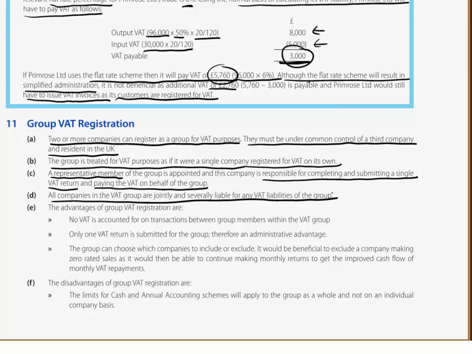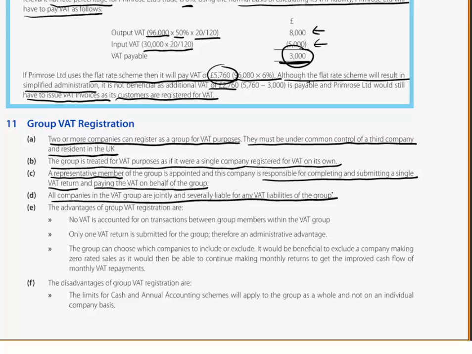You can't therefore put all your companies in your group into a group VAT registration, pick a small one in terms of being the representative member, build up huge VAT debts within that particular company, and then bankrupt it and liquidate it, say, oh, sorry, got no money. HMRC can simply, therefore, turn our attention to the other members of the group VAT registration and go chase any and all of those for any amounts due.